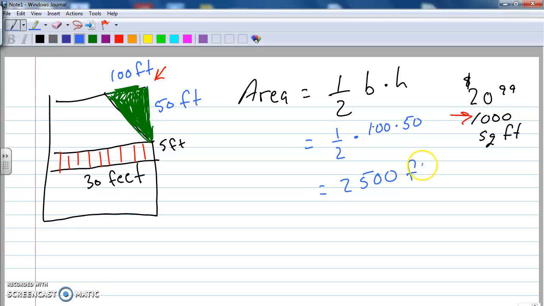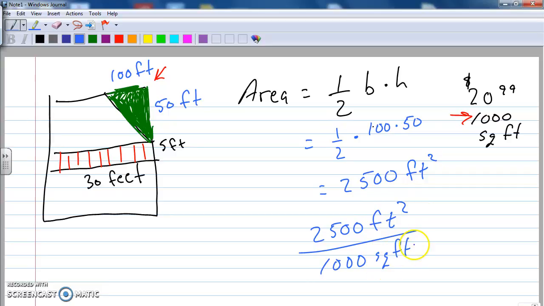And remember our units, feet squared. Again, we're still going to stick with the grass seed. It's still $20.99. So we're going to take our 2,500 square feet that we need to put grass seed on, and we're going to divide it by 1,000 square feet. That essentially is telling me how many bags I need to use of grass seed.